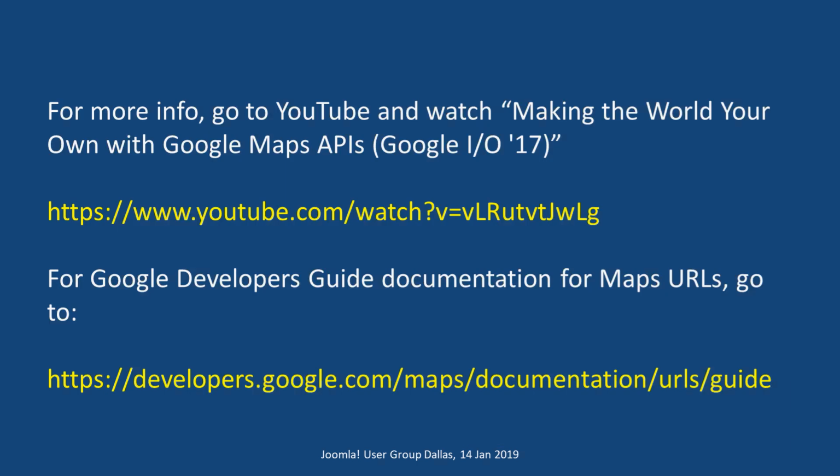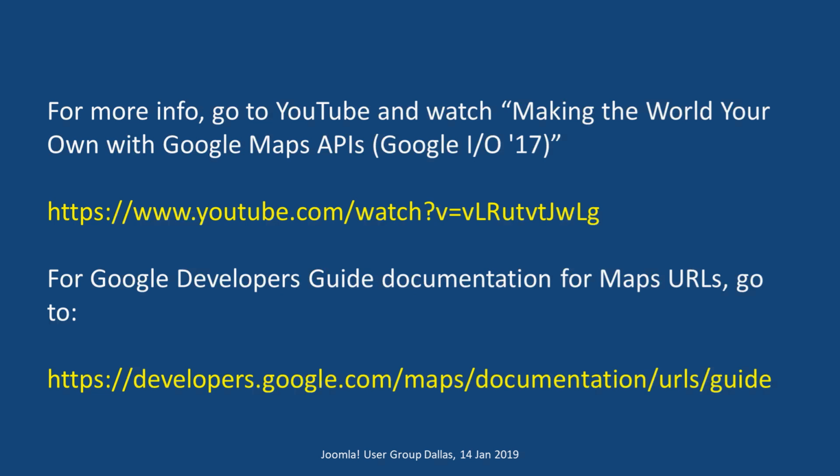There's a lot more you can do besides just the examples I showed you. I would recommend that you go check out two places. One is a YouTube video. This is the video of when they made their official announcement and rolled out the Maps URL at Google I/O 2017.